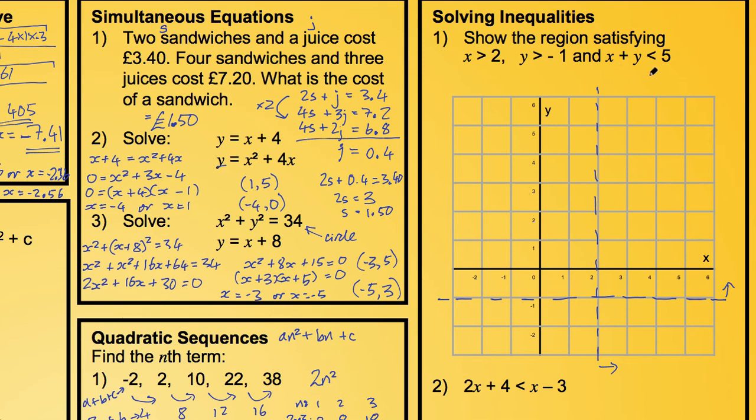X plus y is less than 5. If I rewrite that in y equals mx plus c format, y is less than minus x from both sides plus 5. Thinking about the line y equals minus x plus 5, that goes through 5 and 5. Y-intercept of 5 with a gradient of minus 1. And again, it's a dotted line.